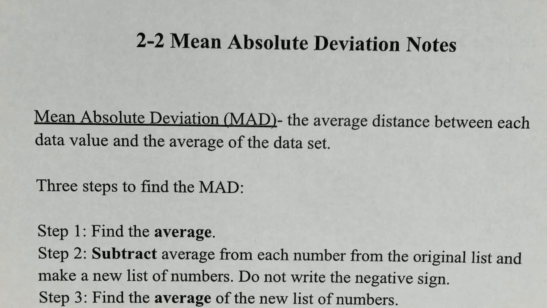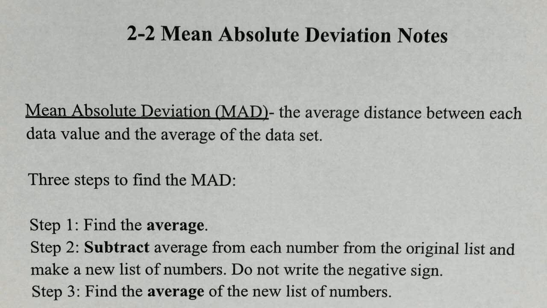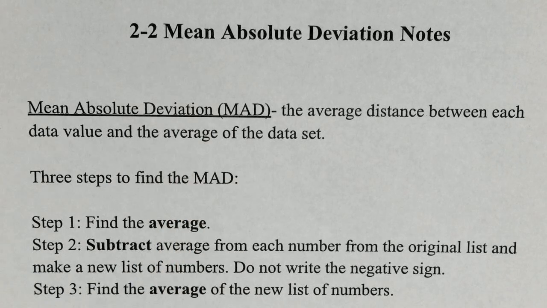Mean absolute deviation is the average distance between each data value and the average of the data set. There are 3 steps to finding the mean absolute deviation. Mean absolute deviation includes the average, so that's going to be step 1.